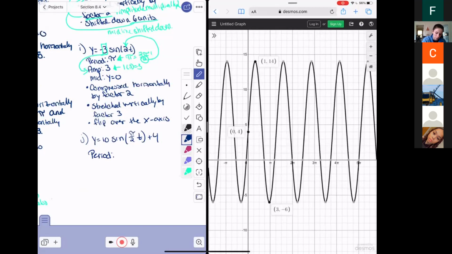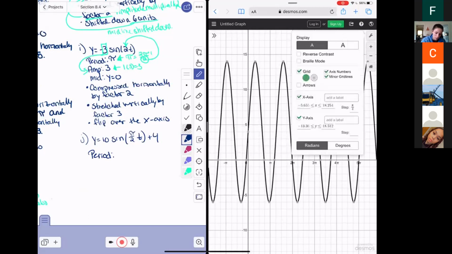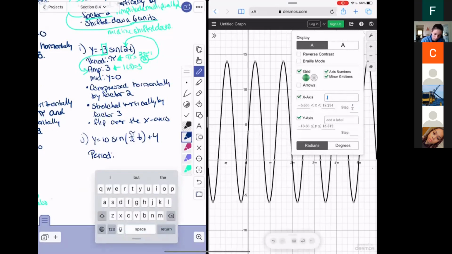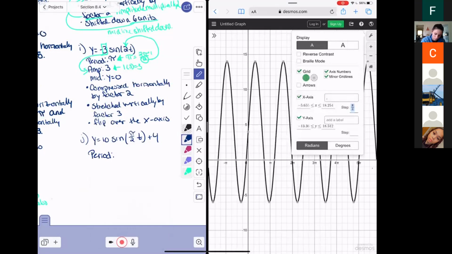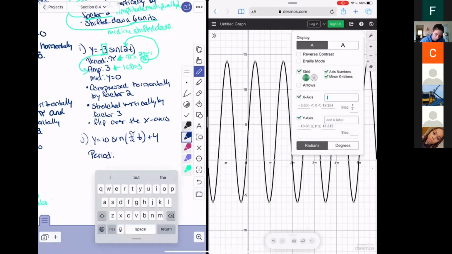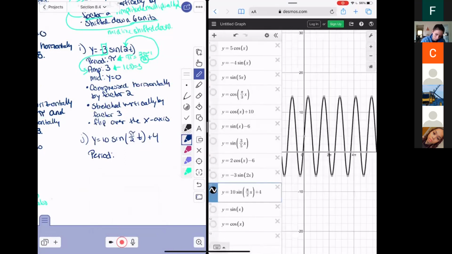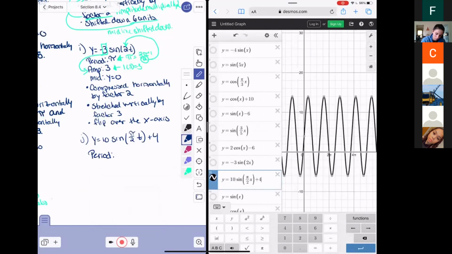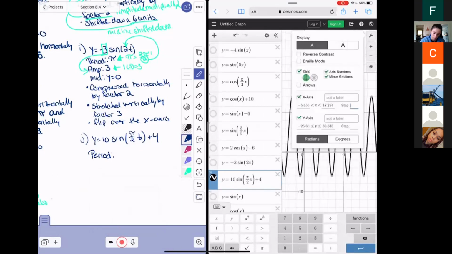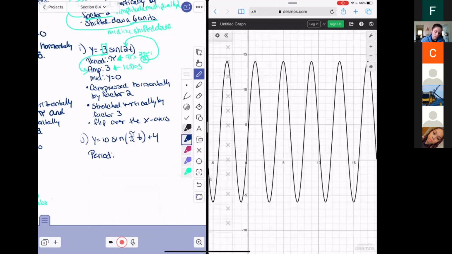I think this one will be better if we look at it with the axis going up by 1 instead of 2 pi.